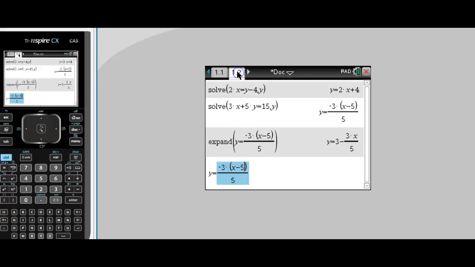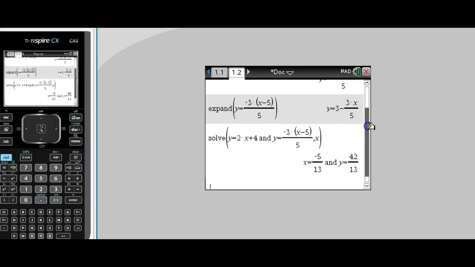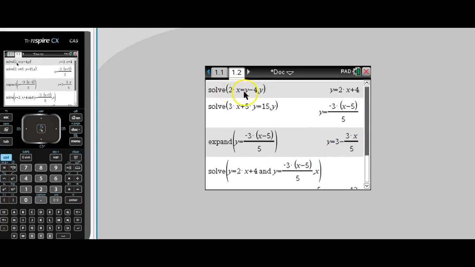If I go back, I can also use solve. So for those of you who like solve, you can just do solve. Put your first equation and the second equation, comma x. It's probably going to put it in fraction, which is fine. I'm just going to scroll up here. You could keep it in the original form or in the form that it changed it to.